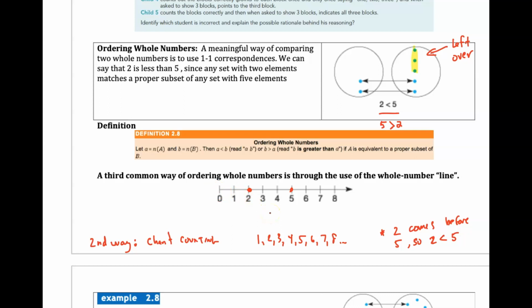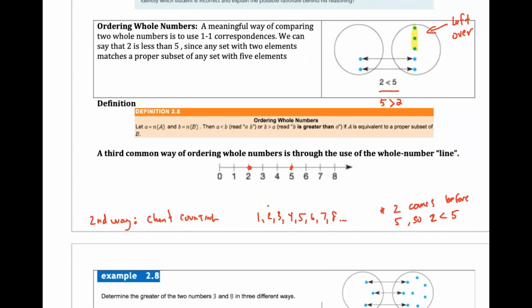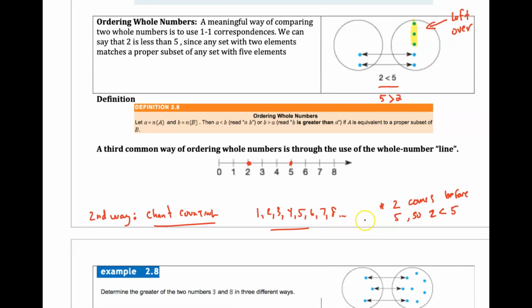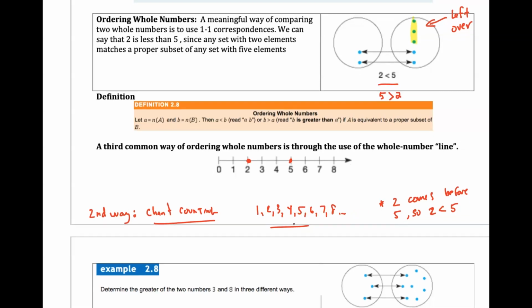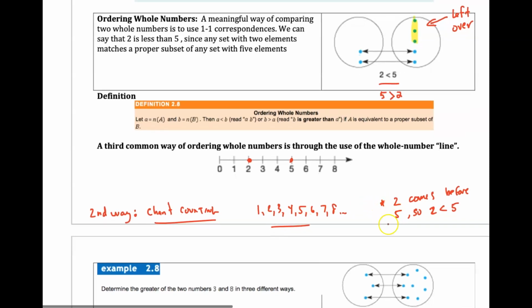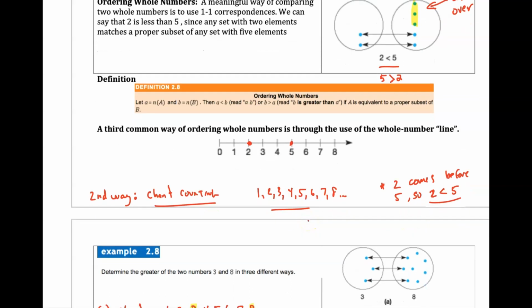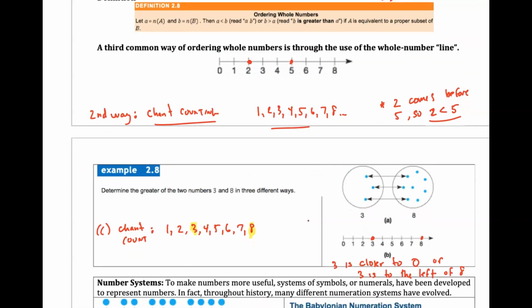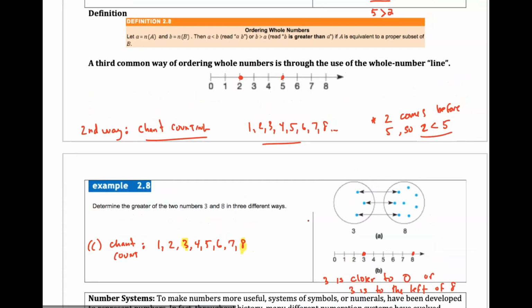So that's another way to check to see the ordering of numbers. And then another way students learn, or children learn, is through the counting. As you count 1, 2, 3, 4, 5, 6, 7, 8. We know 2 comes before 5, so 2 is smaller than 5. So that's, again, different ways to order numbers.